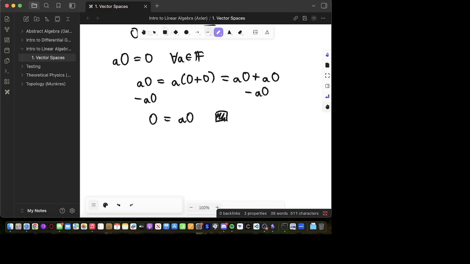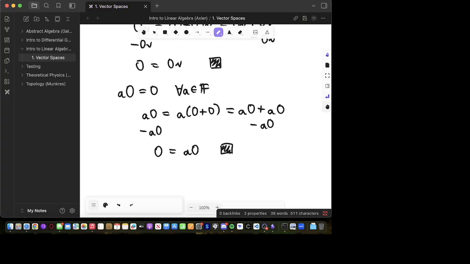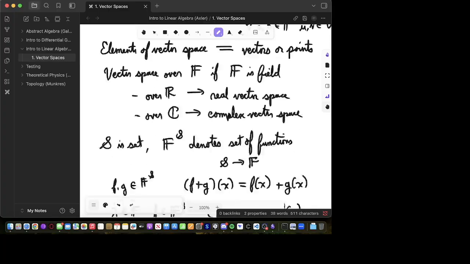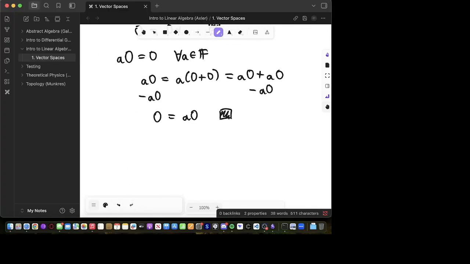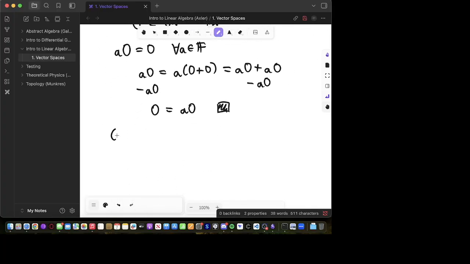The last thing we want to prove, of these very basic properties about vector spaces, is the following. We have the scalar -1 times vector v that equals the additive inverse of v for all v in the vector space.